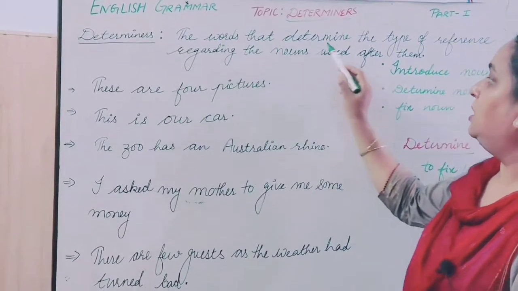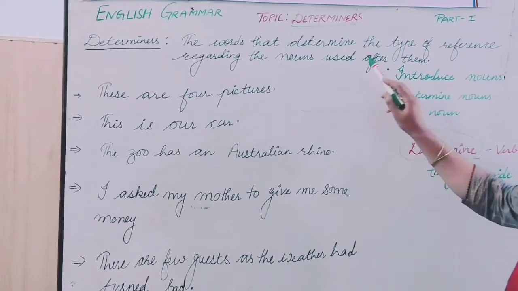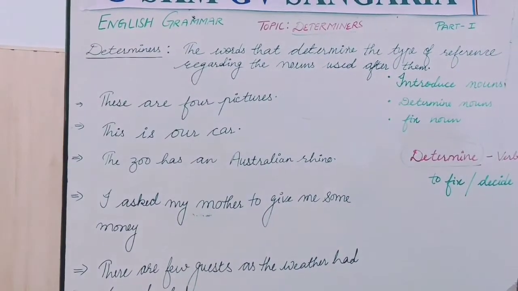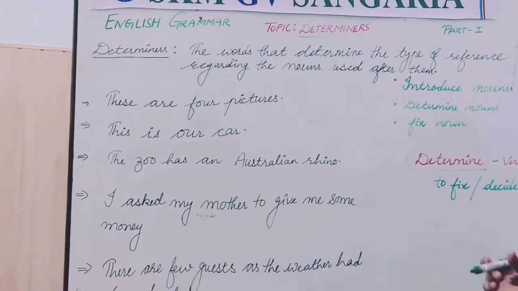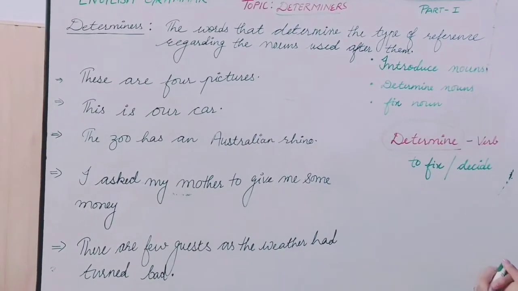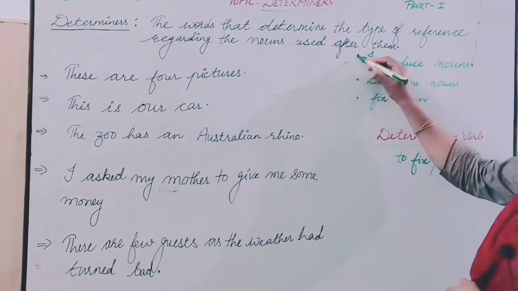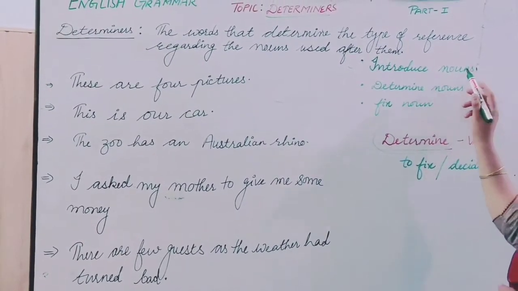The word that determines the type of reference regarding the nouns used after them, right? It's a type of reference which is regarding the nouns used after them. Or in general language we can say the determiners are the words which introduce nouns.